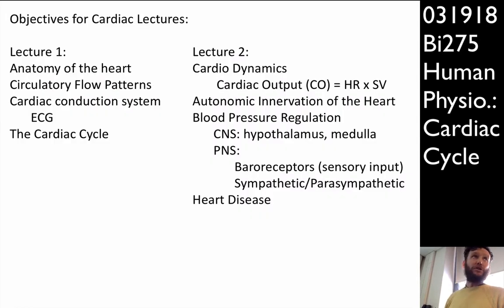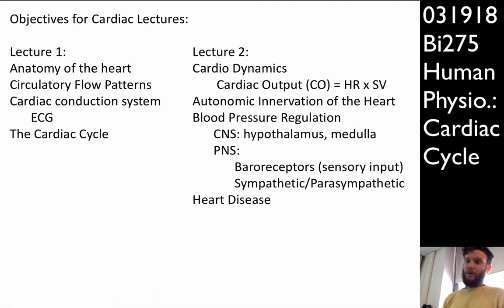So I'm going to give you two lectures. Lecture today, I'm going to go through the basic anatomy of the heart, the very basic anatomy, just enough to talk about the circulatory flow patterns, and then the cardiac cycle, the electrical conduction system. And then lecture Wednesday, I'll talk about cardiodynamics, what that actually means in terms of quantifying the blood that is coming out of the heart, the volume and rate of blood output, cardiac output.